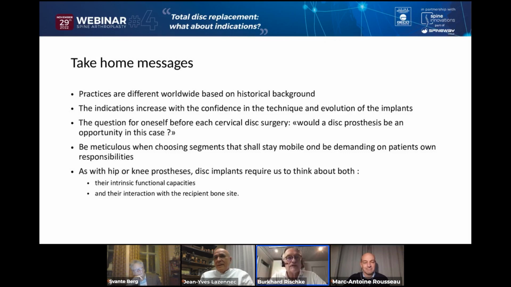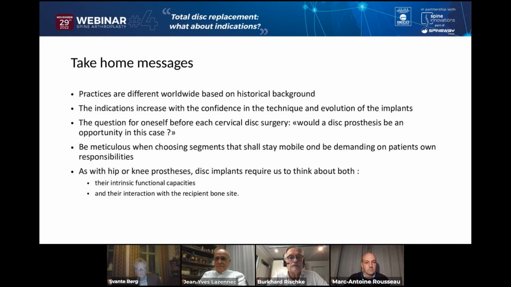So I would say the take-home messages we would like to show you: our practices are different worldwide based on historical background. The indications increase with the confidence in the technique and evolution of the implants. The question to ask oneself before each cervical disc surgery: would a disc prosthesis be an opportunity in this case?